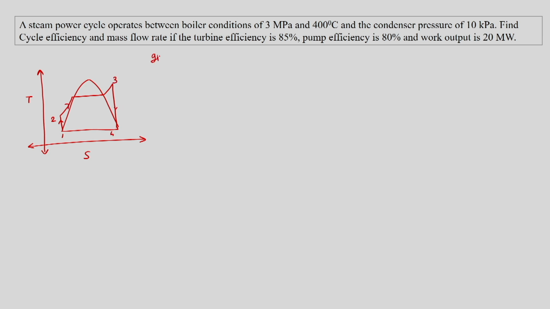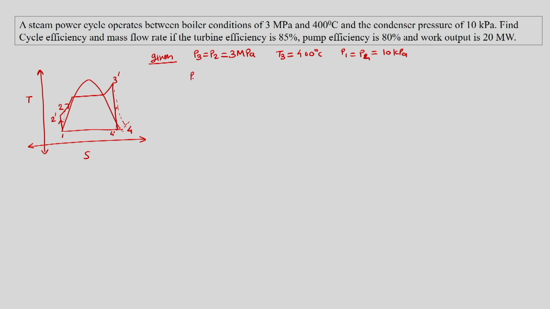So the given things for us are P3 is equal to P2 is equal to 3 megapascal, T3 is equal to 400 degrees Celsius, and we have P1 is equal to P4 is equal to 10 kPa. But now we are told that the pumps and turbines are not ideal. So for the ideal case we will mention them with a dash, and then the real 2 will be here and the real 4 will be here; this is 4 dash.